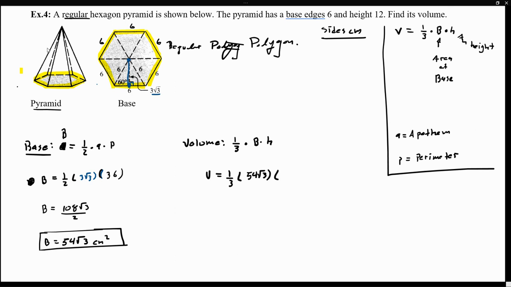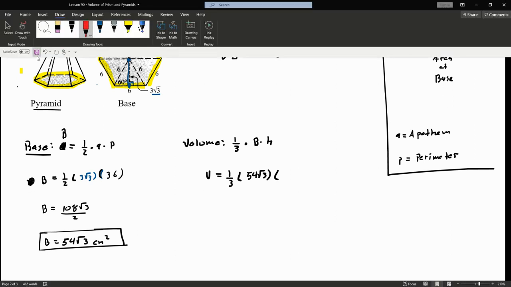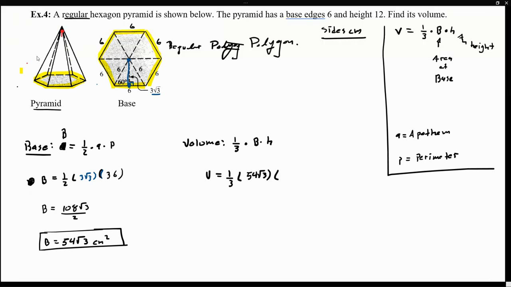But notice that the height is not given to us in the figure. So how can we find the height of this so-called pyramid? Remember, the height is a line that is perpendicular to the base. So how can we find the height if no information is given to us in the figure? Well, let's read the problem.